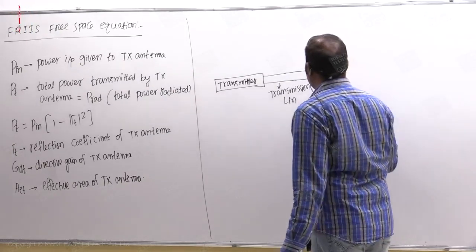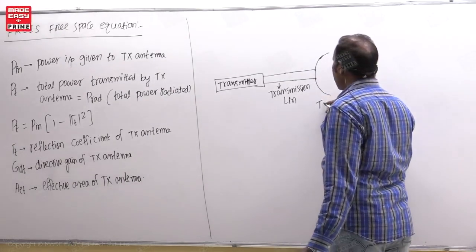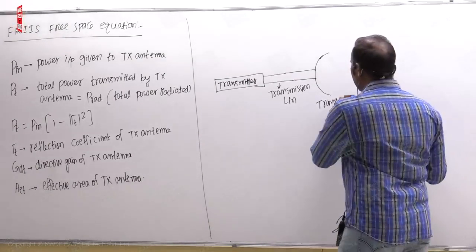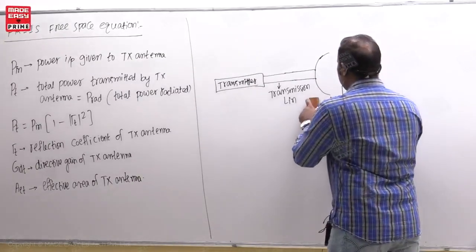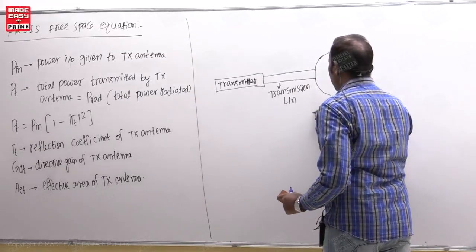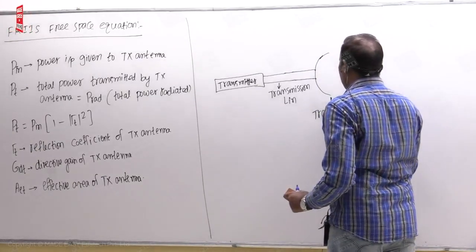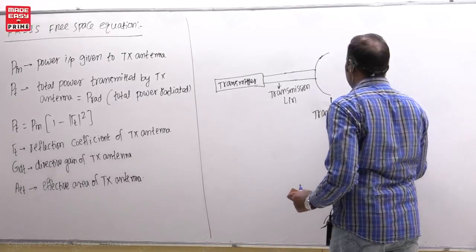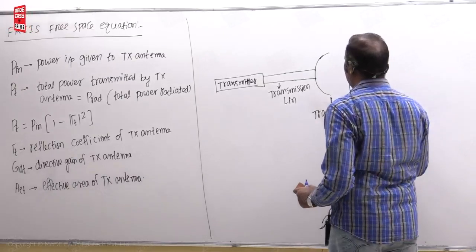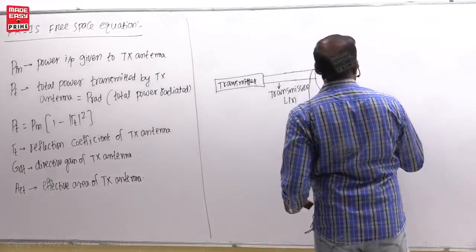This is called the transmitting antenna. I will write a little bit at the bottom side because the distance is to be written here. This is the transmitting antenna, TX antenna it is called.